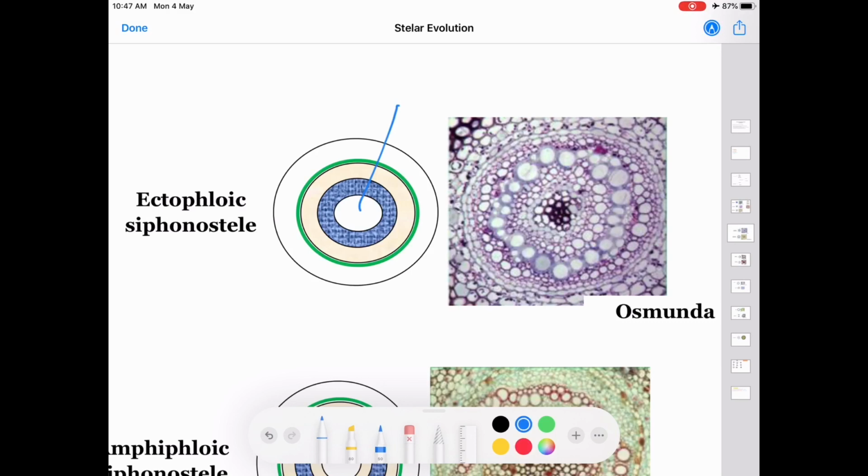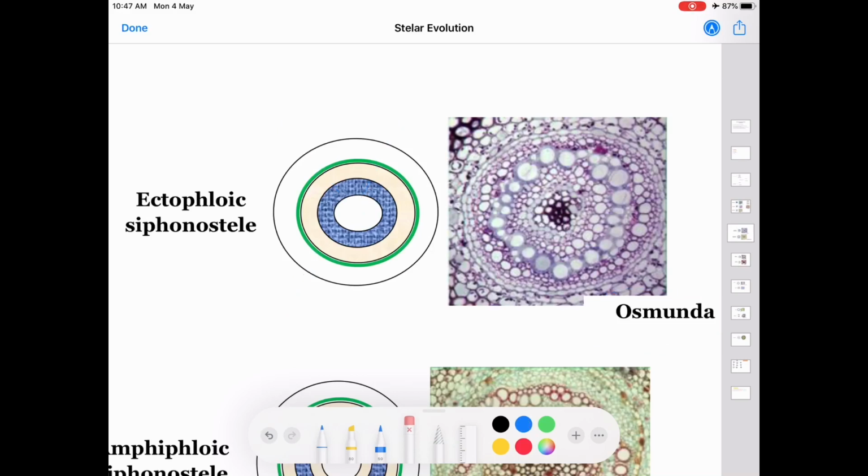The pith is surrounded by the xylem, in turn surrounded by the phloem. This type of arrangement is known as the ectophloic siphonostele. That is, the phloem is seen outside the xylem. This is seen in the case of Osmunda.